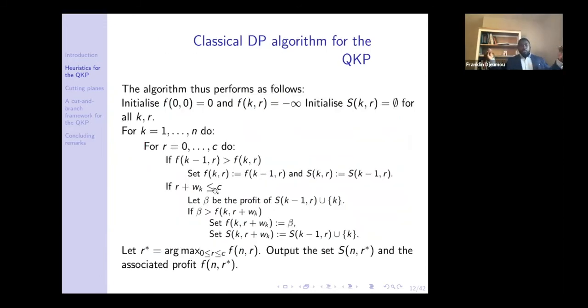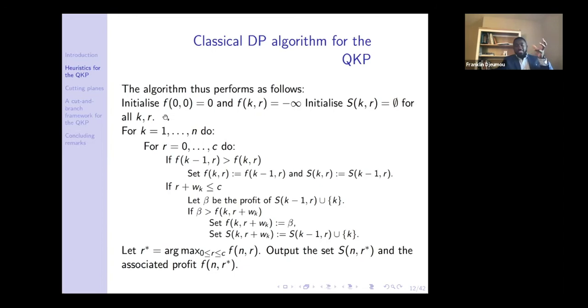Using these two terms, we can define a dynamic programming algorithm as normal. What you can see here is that we have a first for loop which operates over the items, and a second for loop which operates on the capacity that is used, the resources that are used.